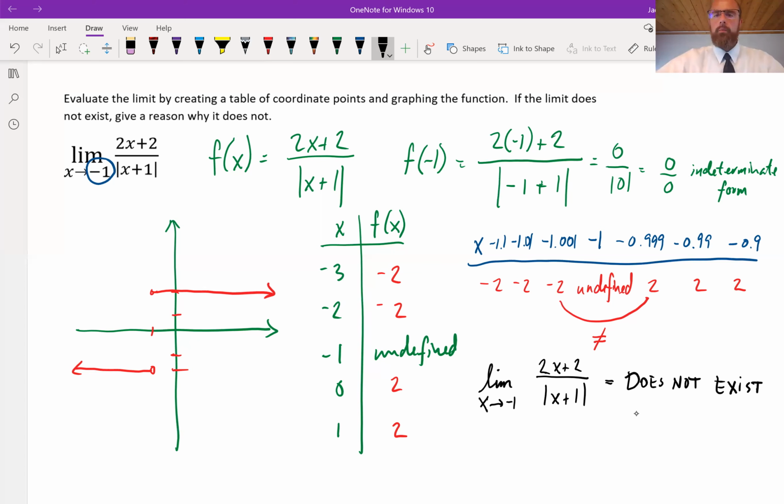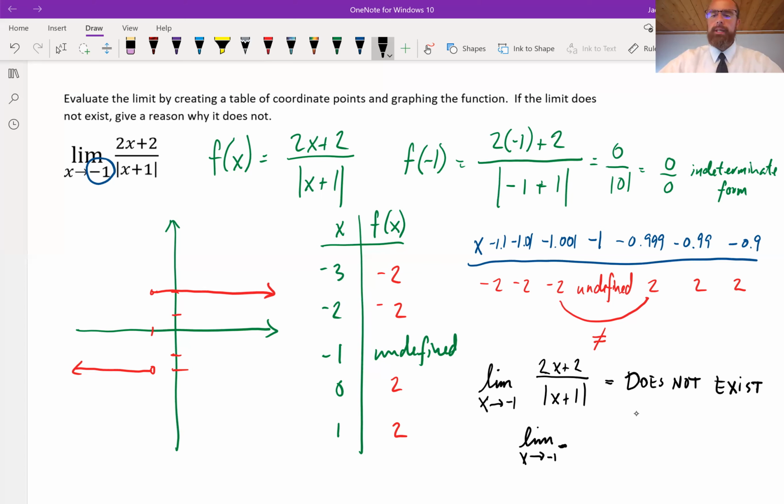Now, we've got this instruction. If the limit does not exist, give a reason why it does not. So one way that we could write the reason that this limit does not exist is because the limit, we're going to write this mathematically, as x approaches -1 from the left.